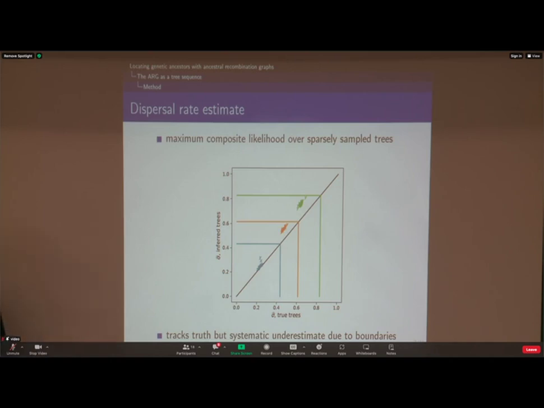But the thing I'm happiest to see is a strong correlation between the true trees and the inferred trees. We're not going for a quantitative prediction of the simulated dispersal rate. We're going for a qualitative comparison: roughly what order is the dispersal rate? Is it greater or less than in another sample?